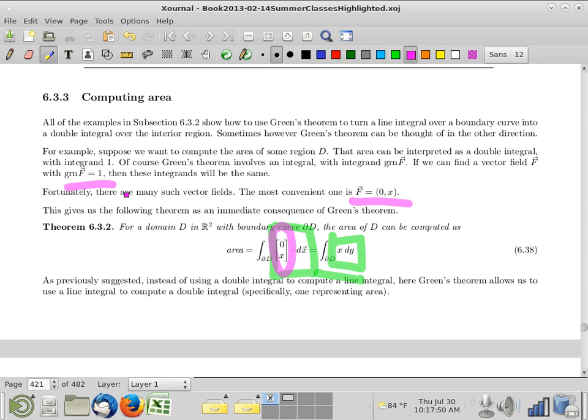Now, one could argue, did we really make it easier? Area is something we computed long ago. It's just double integrals, no big deal. Now we've turned it into a vector line integral. So did we really help things? And it turns out that, yeah, in a lot of cases, this is really, really useful.